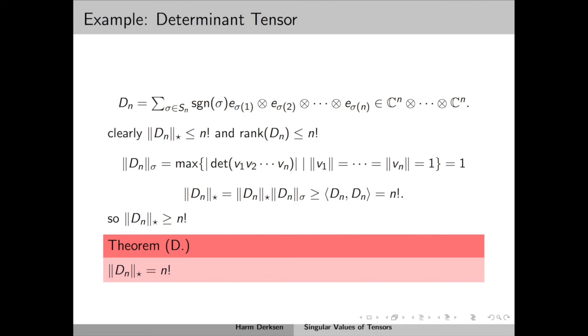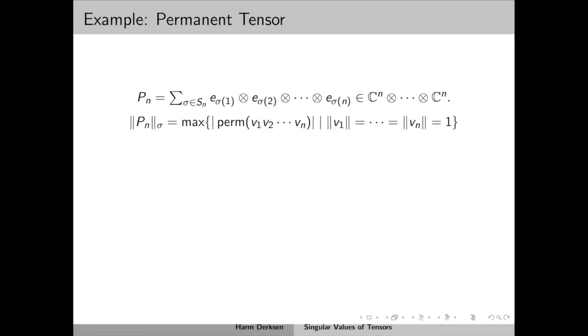Now if we change the example a little bit and forget about the sign, then we get the permanent tensor. So the permanent tensor has a similar expression. Now the spectral norm is, you have to look at the maximum permanent of n vectors. So you put them together in a matrix.